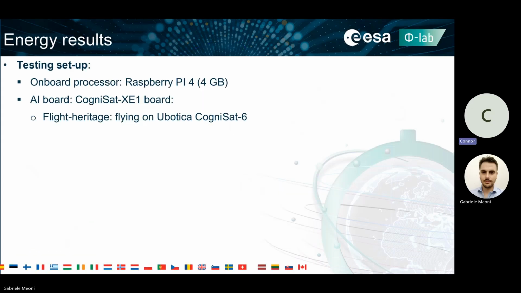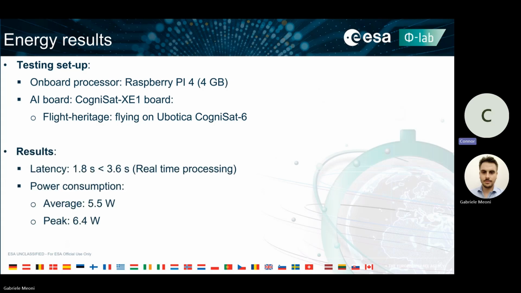And in terms of energy, what is very interesting is that by using a Raspberry Pi and the AI processor that I told you before, on real space hardware, what we got is a latency for the entire image, averaged on the dataset, of 1.8 seconds. That is basically half of the time that you need to acquire the image.